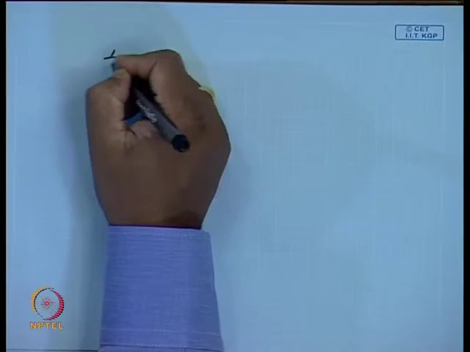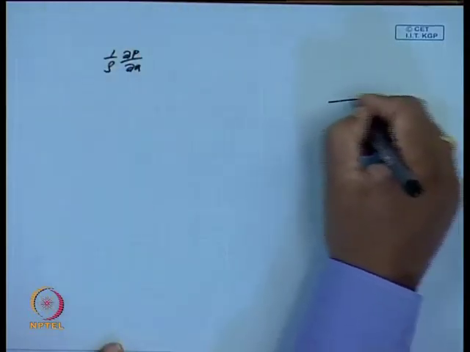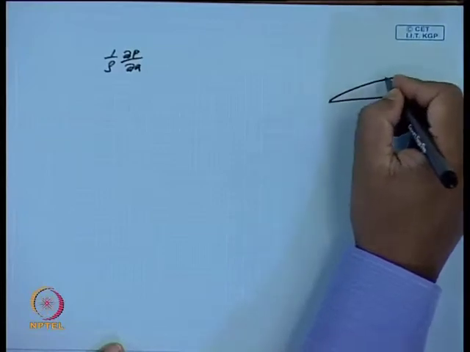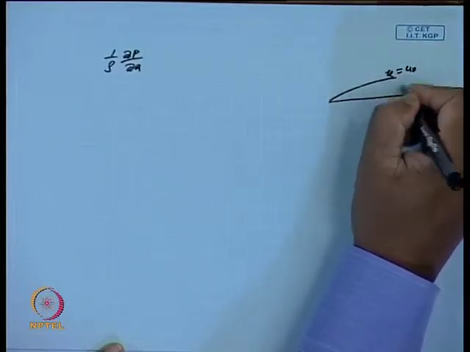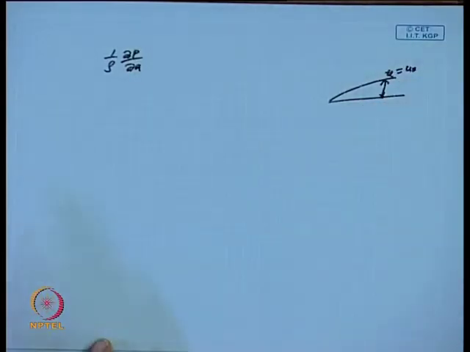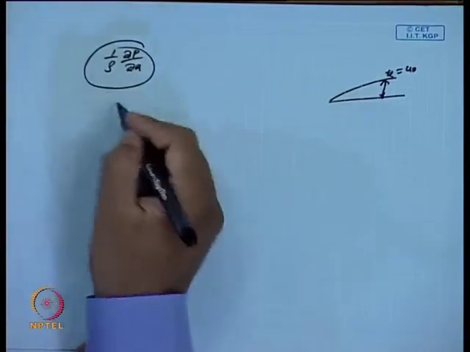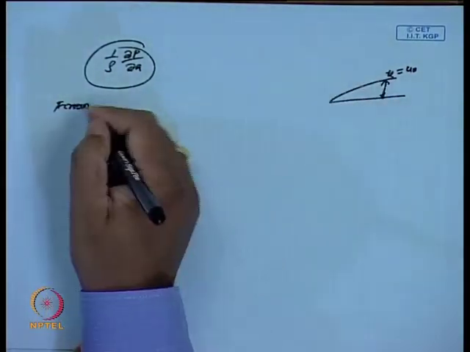So, if that is the case, then what will happen to 1 by rho del p by del x? Because we know that if we have the boundary layer, beyond this line u is equal to u naught, and the flow is free stream flow.